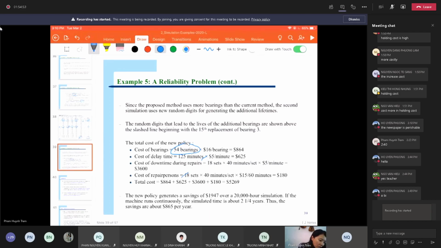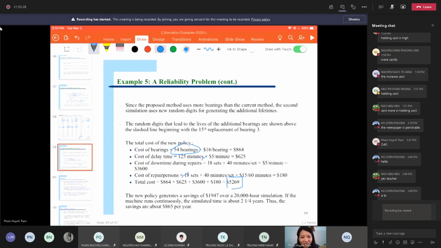So the total cost for the second policy is around $5,000 compared to the $7,000 for the first policy. So if you do the simulation like this, then you are very convinced of the second policy, and you will be more confident to implement it. You already evaluated the situation.